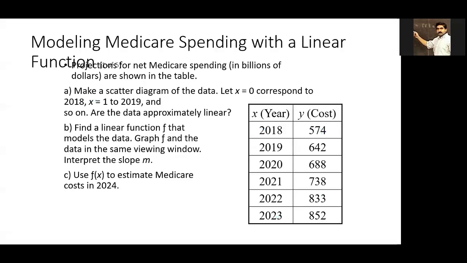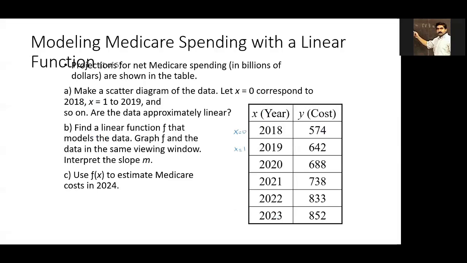Part A, we want to make a scatter diagram of the data. We're going to let x equal to 0 correspond to year 2018, x equal to 1 correspond to 2019, and so on.